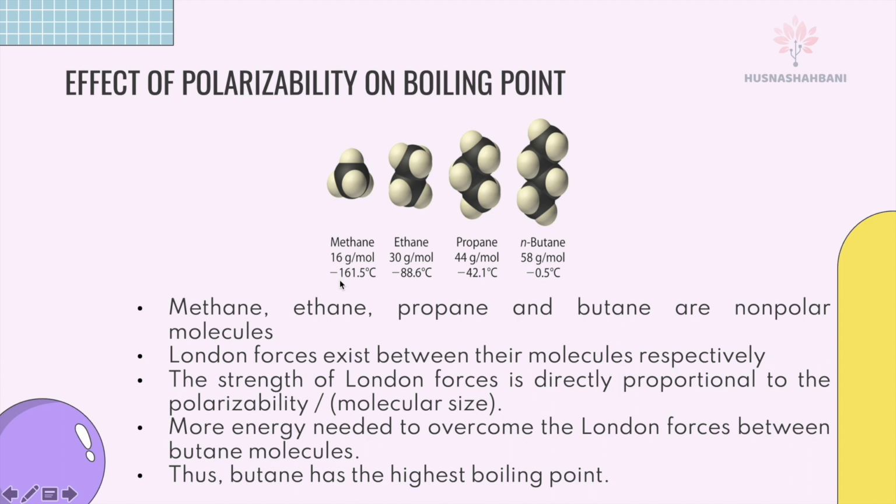For methane, negative 161.5. Ethane, negative 88.6. So the boiling point keeps increasing. Boiling point means the energy required to overcome the London forces. So more energy is required to overcome the London forces in butane because butane is the biggest. Thus, butane has the highest boiling point.